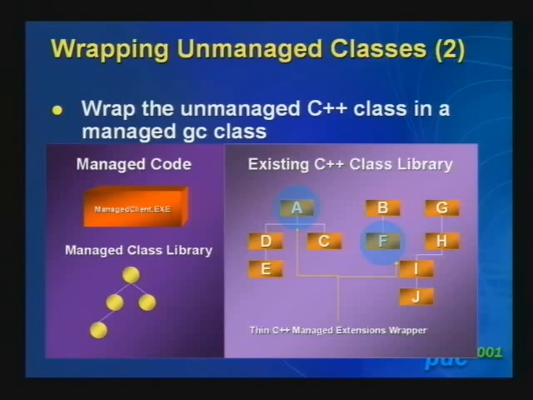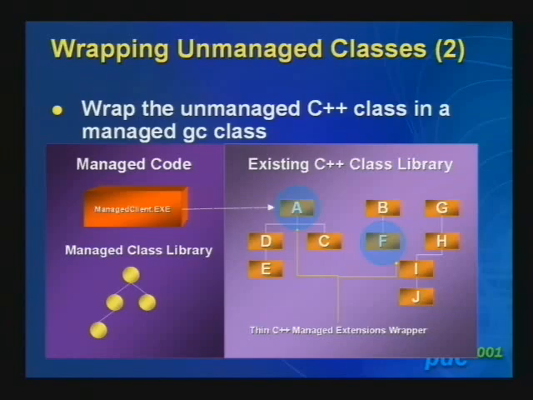So in almost all cases, you never want to expose the entire class hierarchy to the managed side, but only the top level objects, or maybe one layer beneath, where it makes sense to use those directly from the client side. Of course, you never want to expose something like a custom string type that the C++ library happened to use, because you want to use system strings and managed data types to do your processing on the managed side.